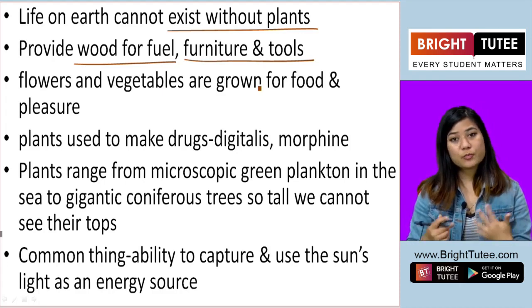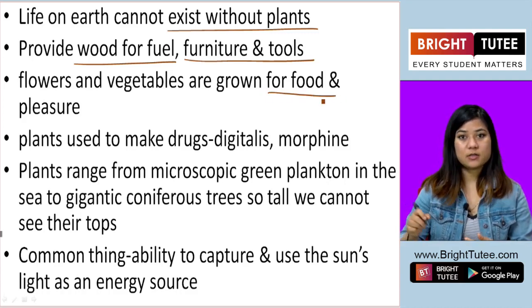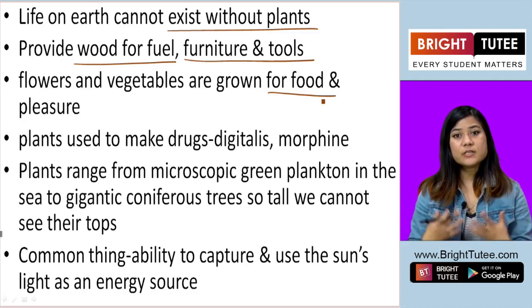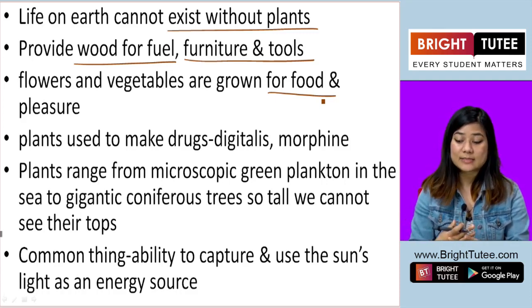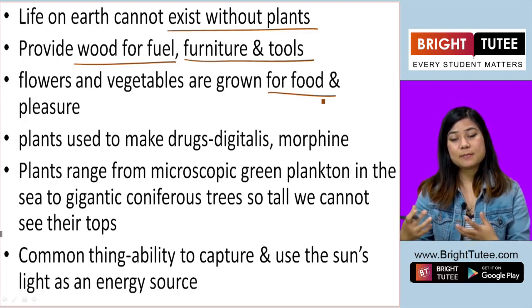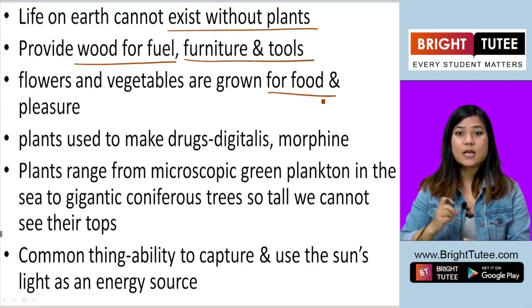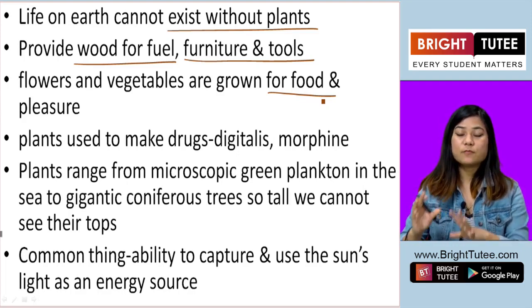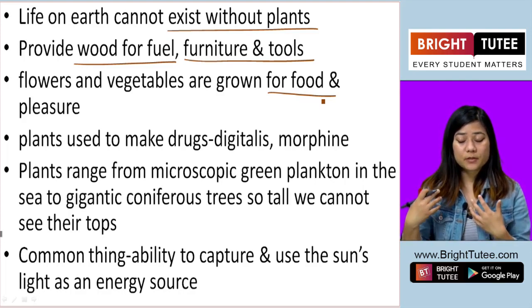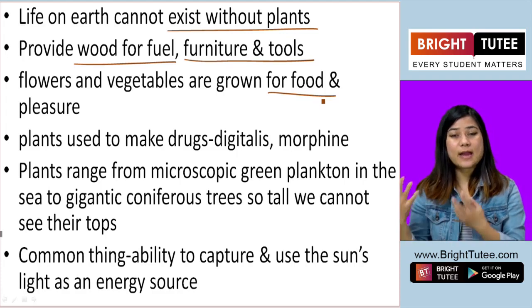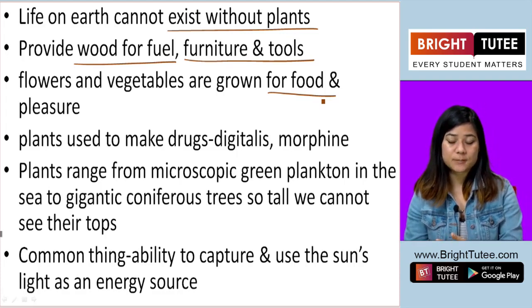Now they also provide food for us. Okay, so the food and the flowers or the other things that we get, the medicine, we also get from plants. We get it by growing them, right? We get food from the plants not only when they are part of natural vegetation.